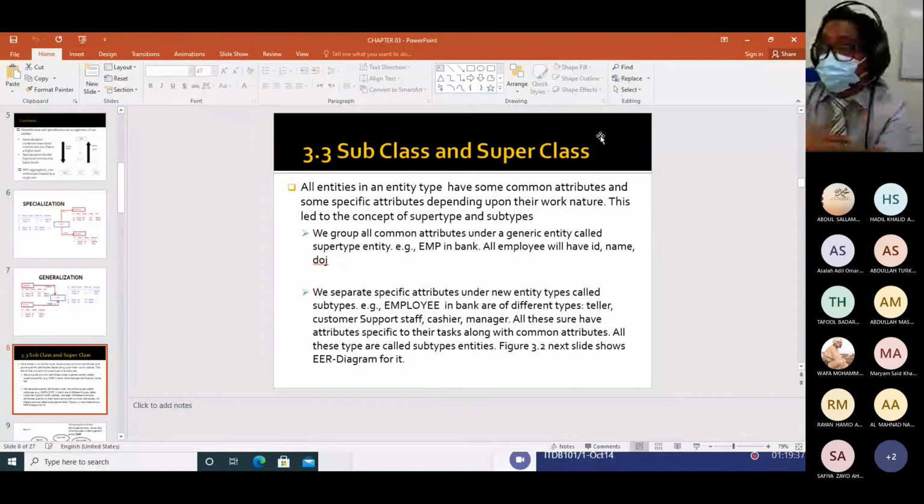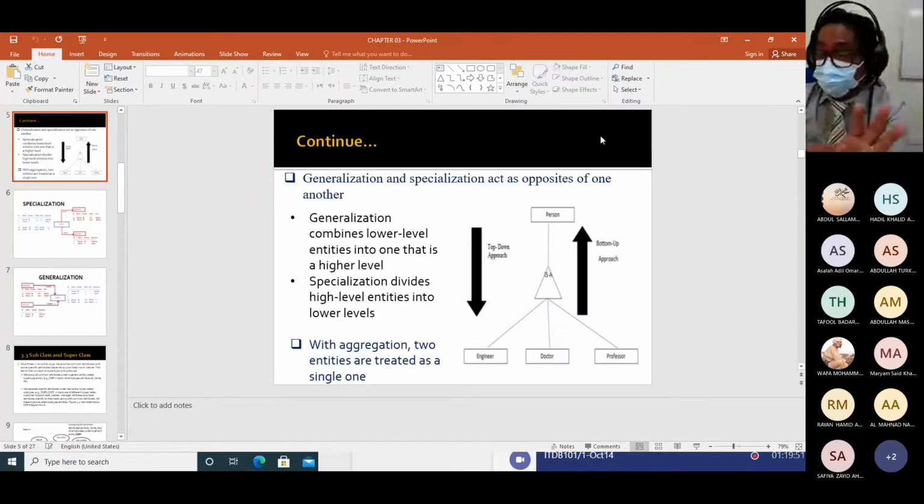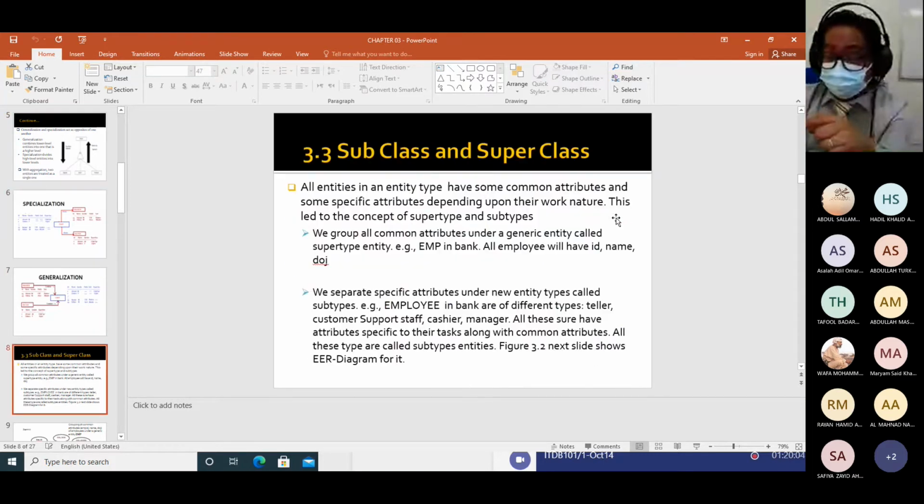Now, since we're talking about superclass, I mean higher level and lower level, we identify that those are the superclass in the higher level and then the lower level. By the way, we are talking about this diagram, assuming this is an example pattern of our EER model.